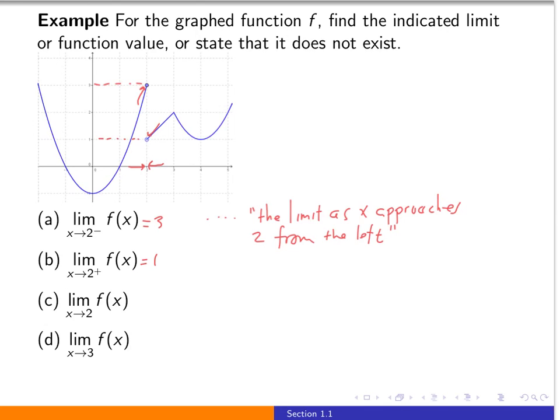Now, before going on to part C, let me state a property that is going to be very useful.